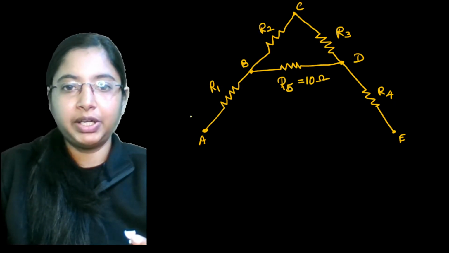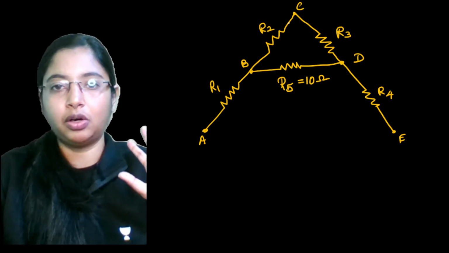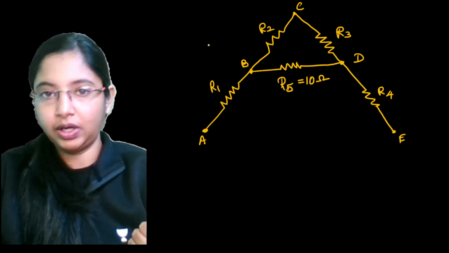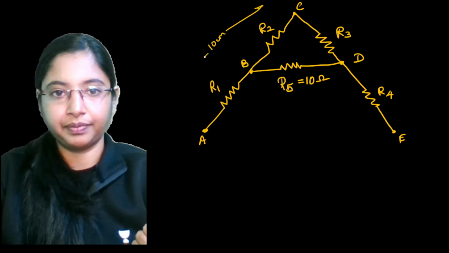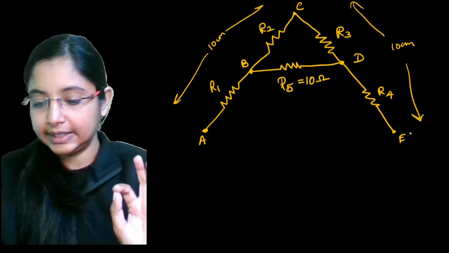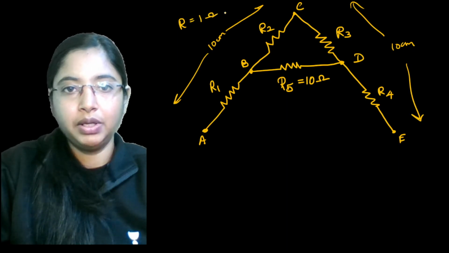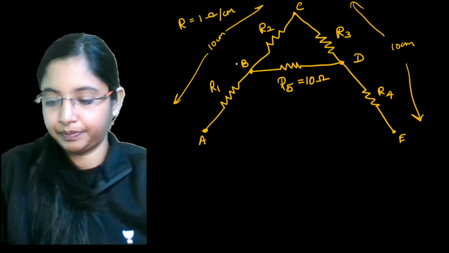Now let's say this overall length is 10 centimeters, and this side also the overall length is 10 centimeters. Now the resistance is around 1 ohm per centimeter.